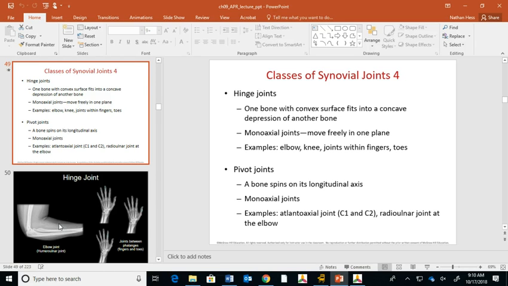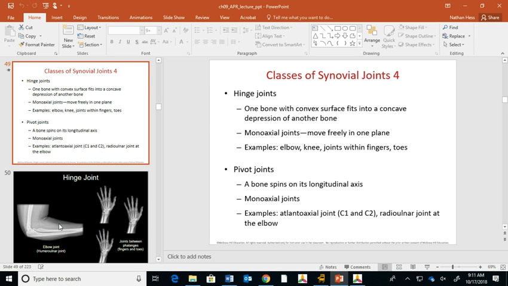The hinge is where we have one bone with a convex surface fitting into a concave depression of another one. You say, well wait, Mr. Hess, that's what you said condylar was. Yes, they're very similar, except that hinge joints are only monoaxial. They don't allow for more motion other than just in one plane. Your classic example is your knee and your elbow, right?